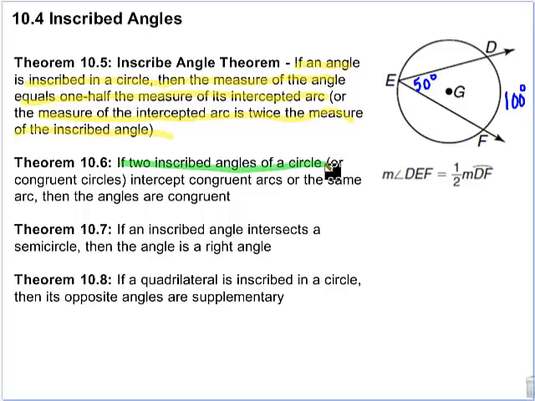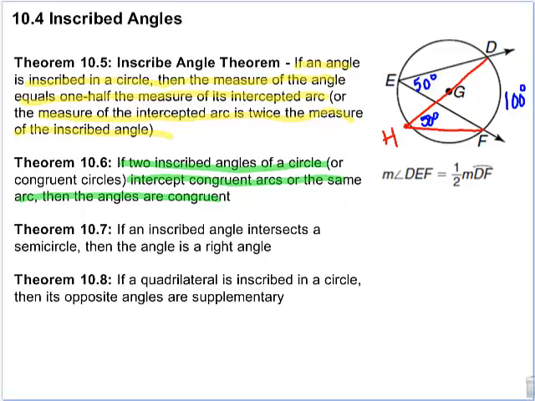So for example, if we add a little something onto this diagram, if I go over here and make this point H, notice that both these angles are intercepting the same arc, DF. So what would angle H have to be? 50. It would also have to be 50 degrees. Okay, they're intercepting the same exact arc, so the angles are also congruent to one another.